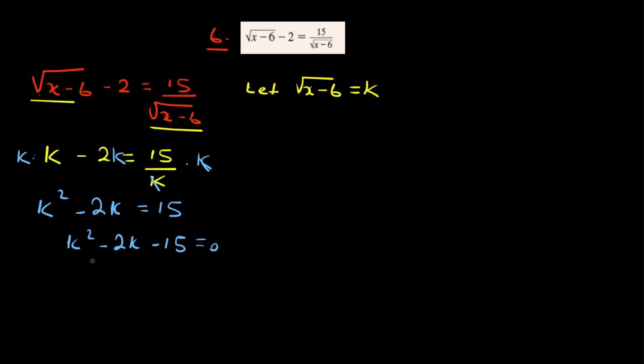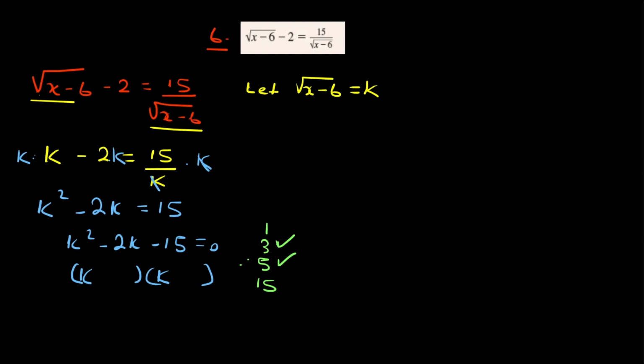And now we have our famous quadratic. Open two brackets, find the factors of 15. The factors of 15 are 1, 3, 5, and 15. And which of these can give us negative 2? You can see that 3 and 5 are really a point of interest.